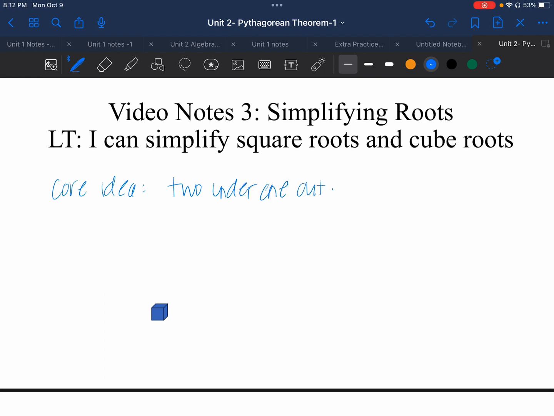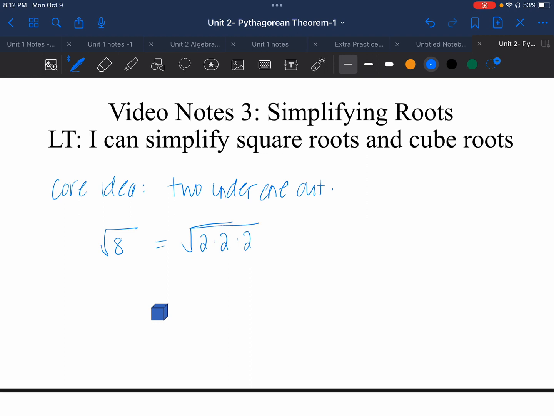So let's look at this idea with something very simple. Square root of 8. I want to simplify the square root of 8. It's not a perfect square, so it's not going to have just one number that comes out. The way that we do this is we look at the factors that make up 8. So 8 is 2 times 2 times 2.